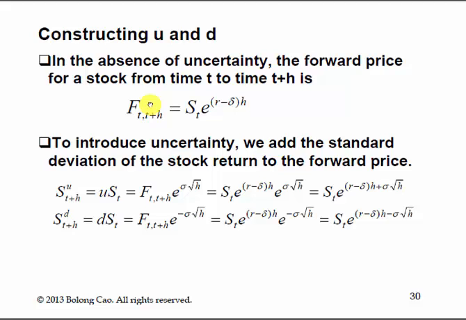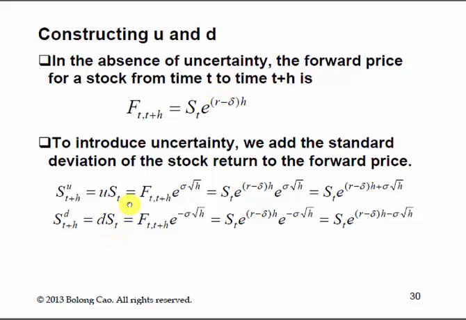Now, remember in forward pricing, for a stock, the forward price is the spot price compounded at the risk-free rate and discounted at the dividend yield for the time period. This is our standard forward price calculation, so there's no uncertainty there.